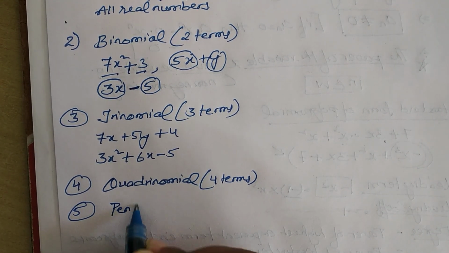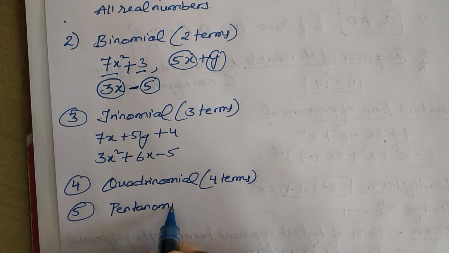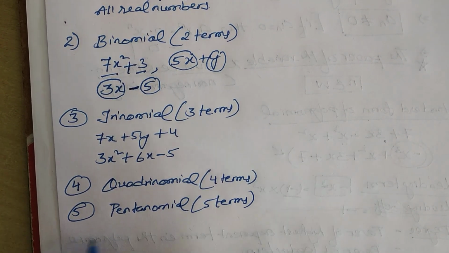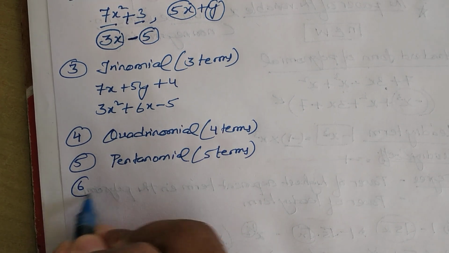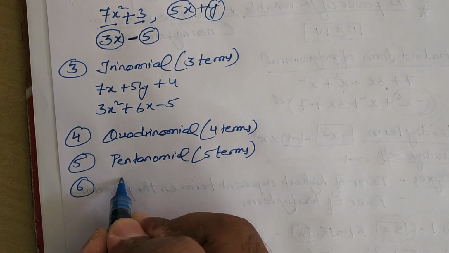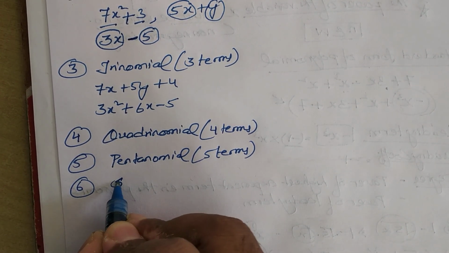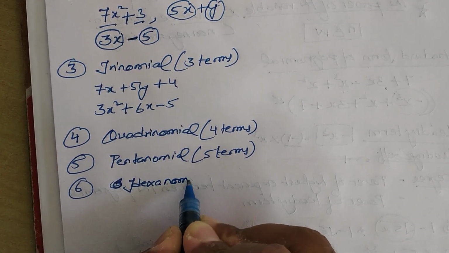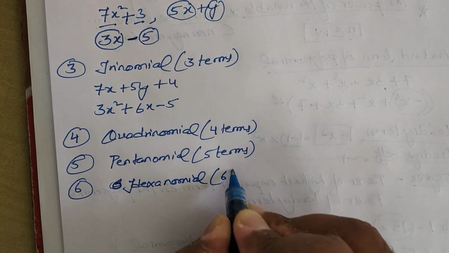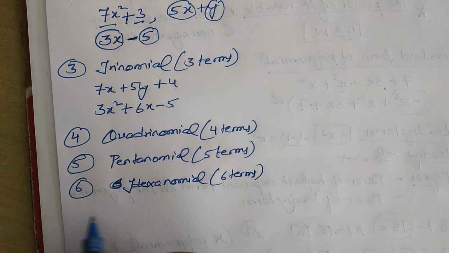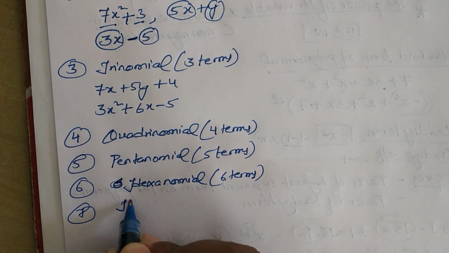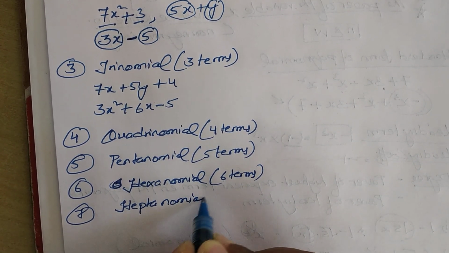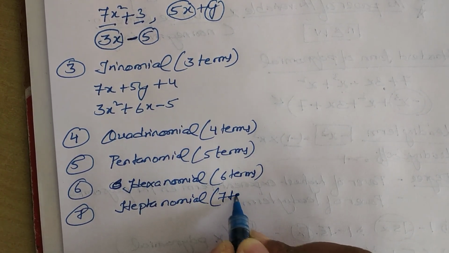Then we have pentanomial, having 5 terms. Then we have 6, that is hexanomial, having 6 terms. Then we have heptanomial, having 7 terms.